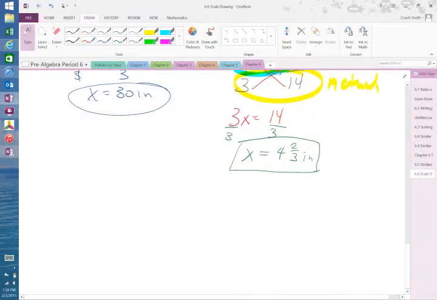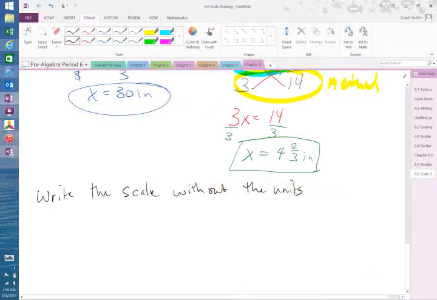Then they're going to take it a step further, and they're going to want you to write the scale without the units. Now, basically what they're saying is this: 1 inch colon is equal to 10 yards. Now, what they want you to do is you can't take the labels off of that and know what the 10 stands for, okay?